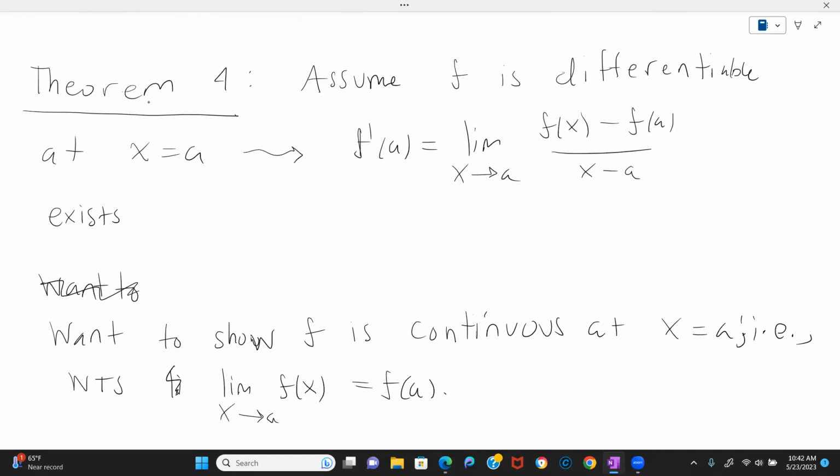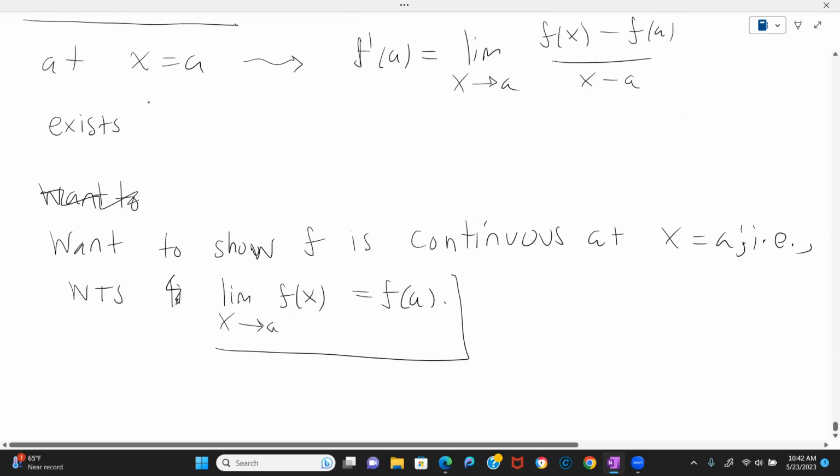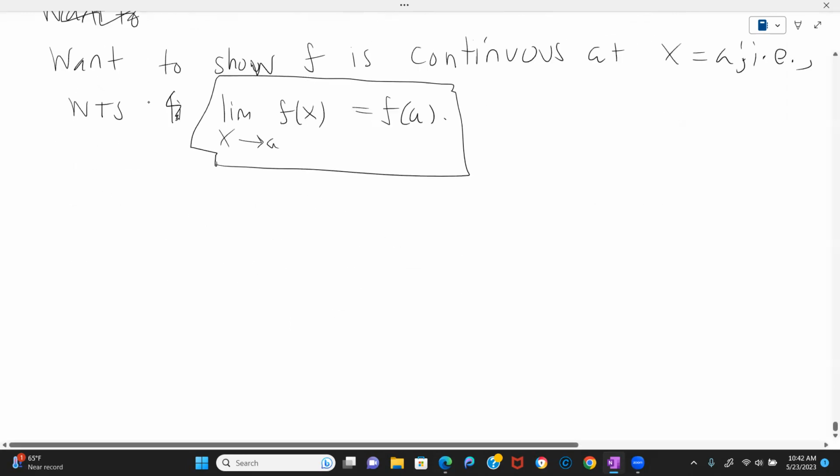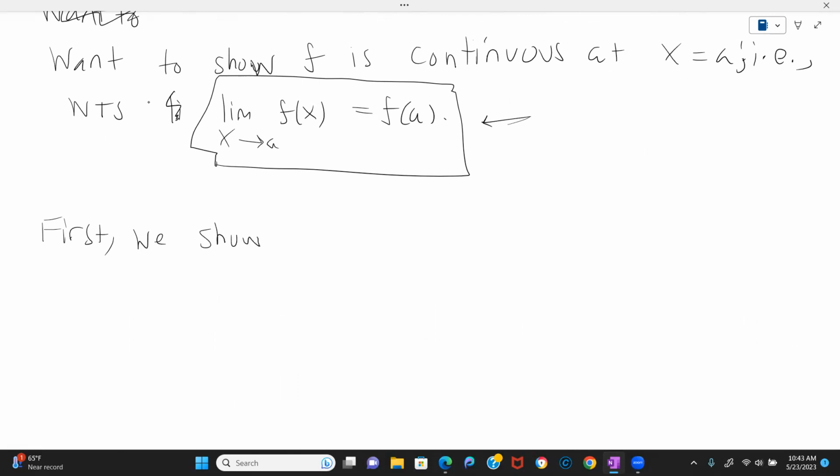So that's what it means to be continuous at this point, that this limit exists and it equals f of a. Again, that's a strong requirement, but it's going to turn out that differentiability is an even stronger requirement. So first, to get this, first we're going to show.